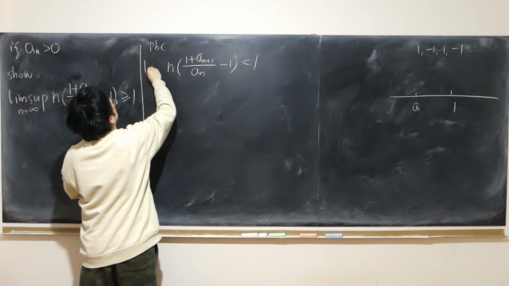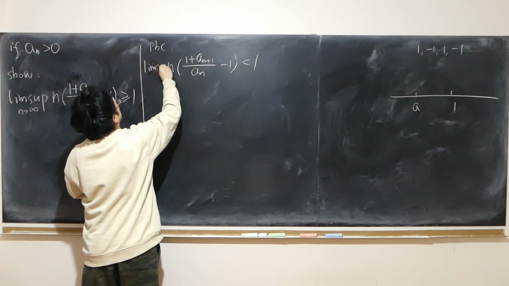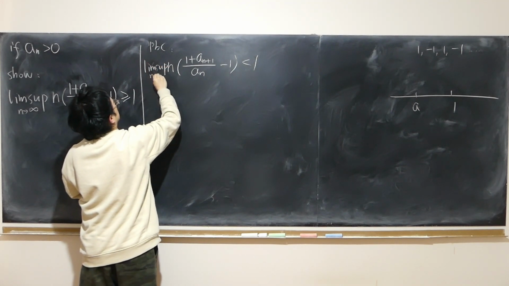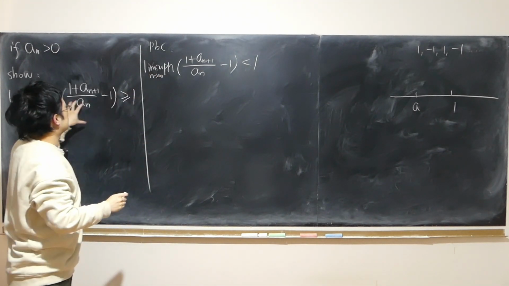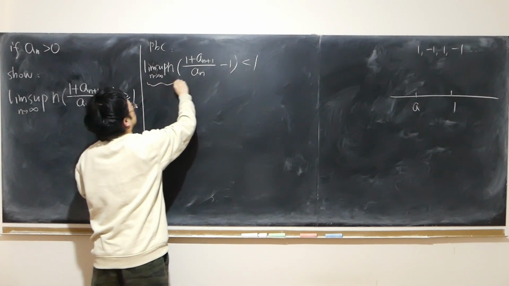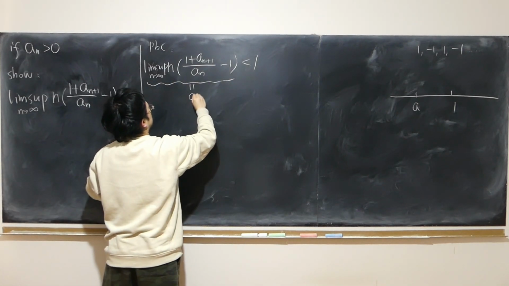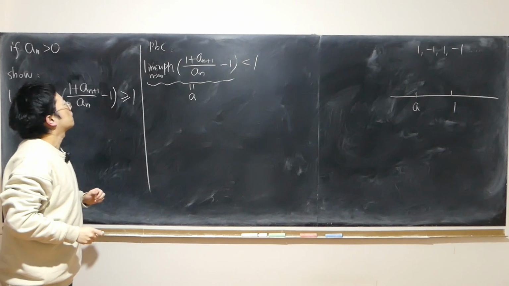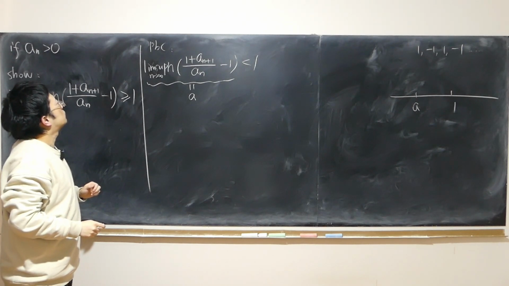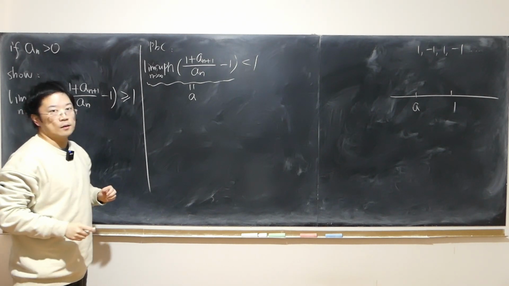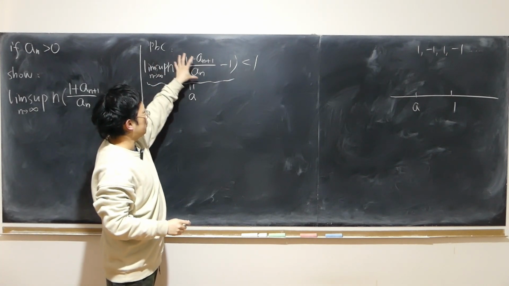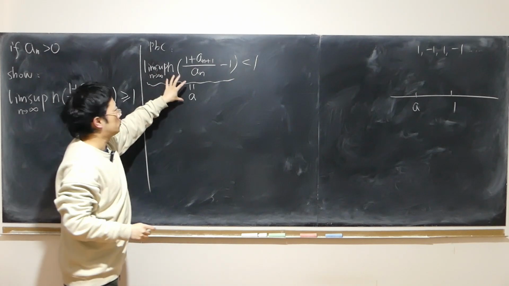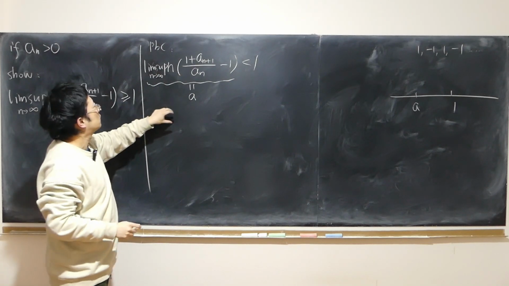Let's say lim_sup is less than 1, denoted as a. Now, I'm thinking, is it a finite number or negative infinity? Since it cannot be positive infinity, could it be negative infinity?